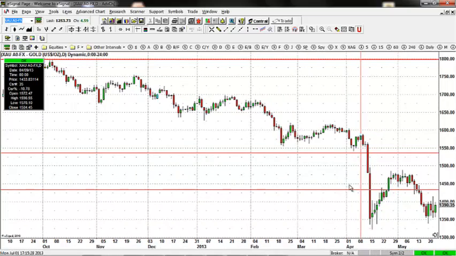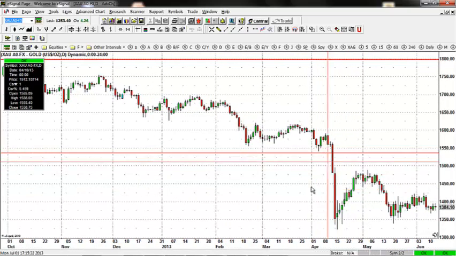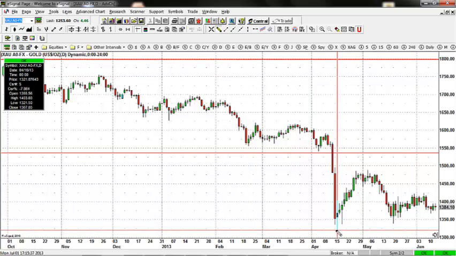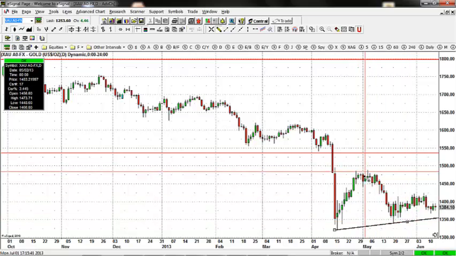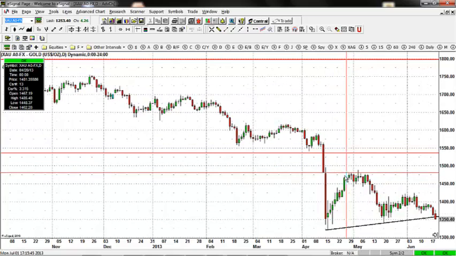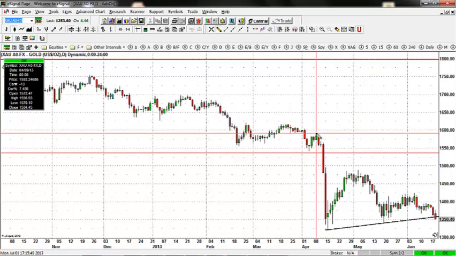And then the market consolidated a little bit and formed a channel, or sorry, a triangle. And the market broke through that triangle to the downside.